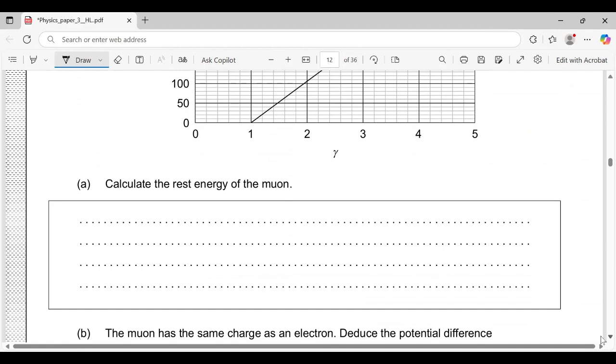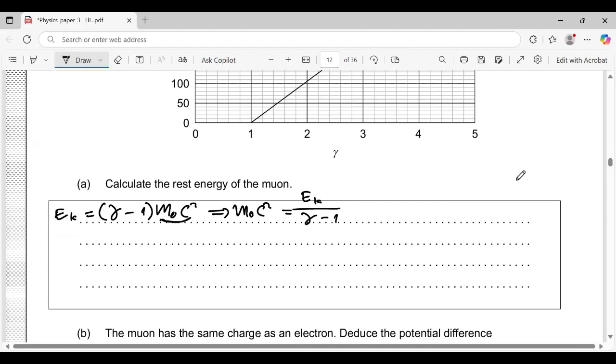To calculate the rest energy of the muon using the graph, we use the formula kinetic energy equals gamma minus 1 times m0 c squared. I rearrange this formula because we need to find m0 c squared: m0 c squared equals kinetic energy over gamma minus 1.